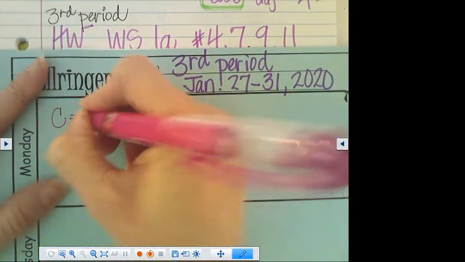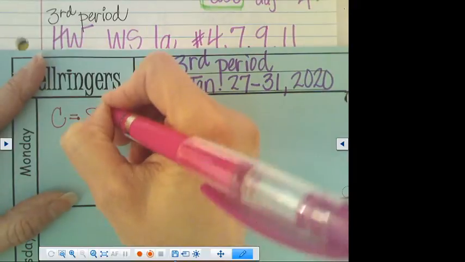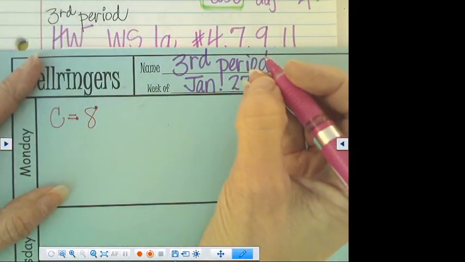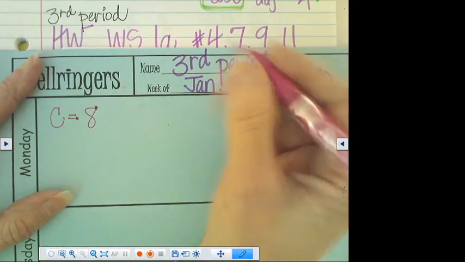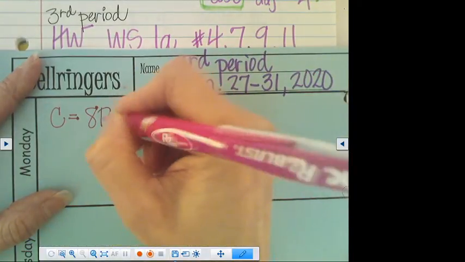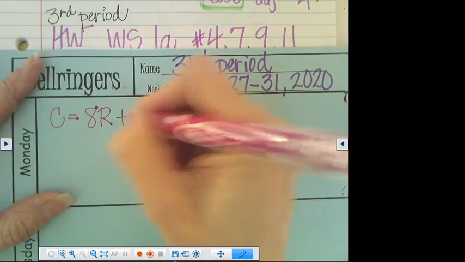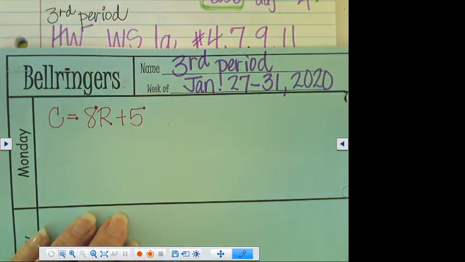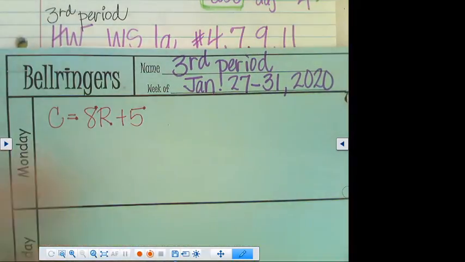C is the corn production in bushels per acre. C equals 8R plus 5, where R is the yearly rainfall in inches. So can you interpret the 8 and the 5 for me?